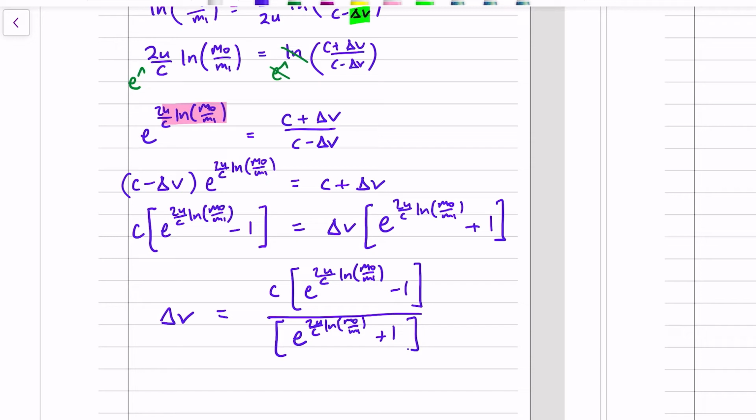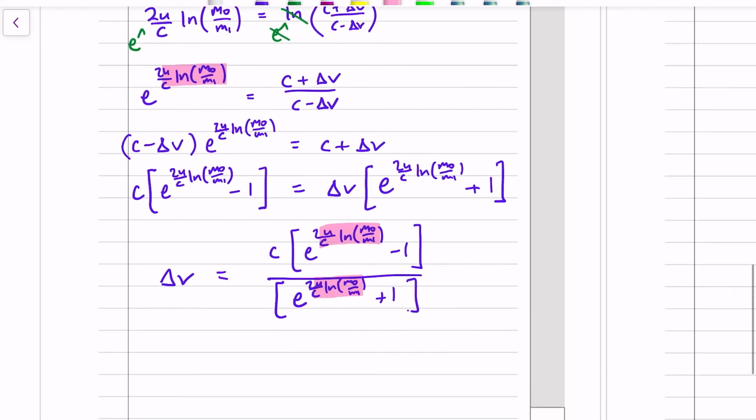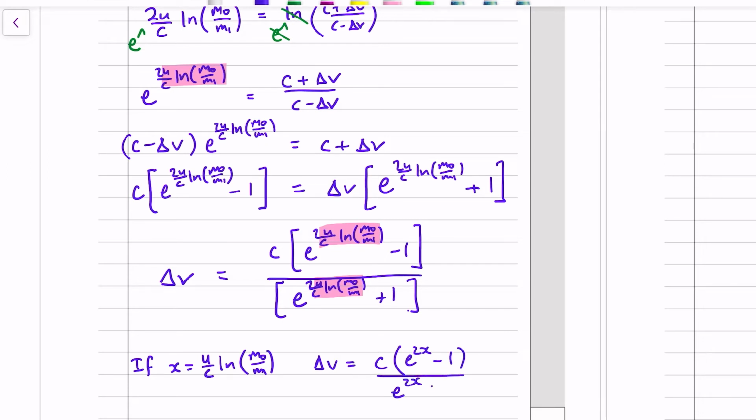Okay, so what have we got here? I'm going to highlight that thing in pink again, the u over c stuff, and I'm going to call that x. If x is equal to u over c ln m0 over m1, then what we have is delta v is c times e to the 2x minus 1 over e to the 2x plus 1.